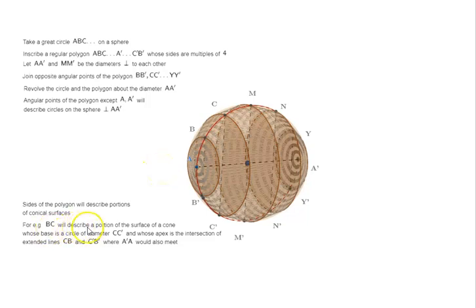So BC will describe a portion of the surface of a cone whose base is a circle of diameter CC', and whose apex is the intersection of the extended lines CB and C'B', where A'A would also meet. So let's form the cone and see how it would look.